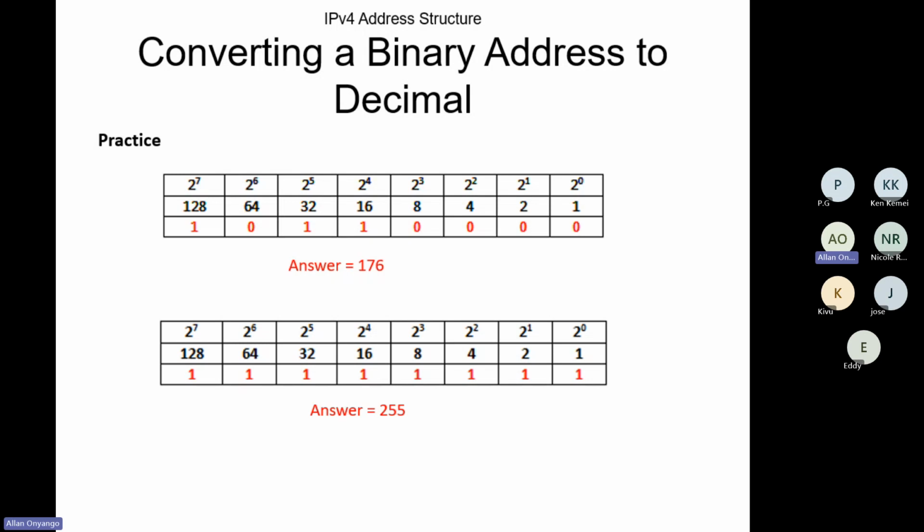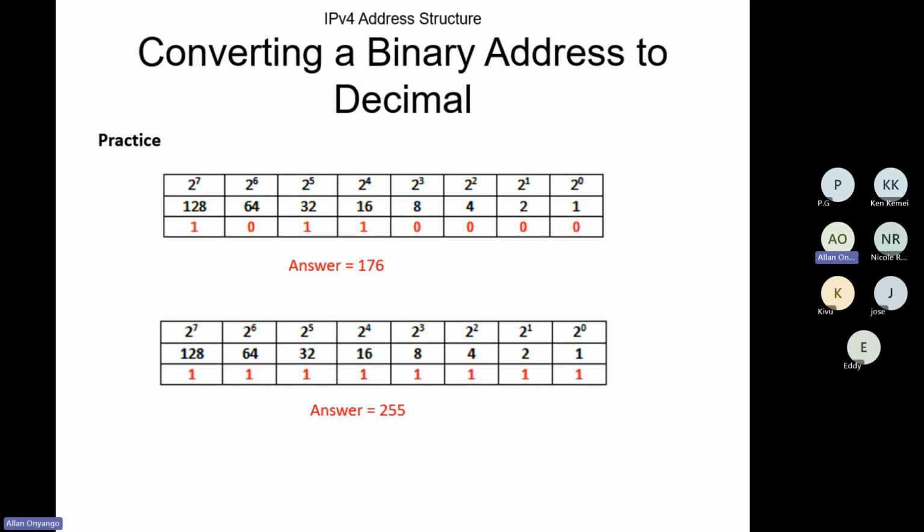Any number raised to power 0 should be 1. Even 1 million raised to power 0 should be 1. 2 raised to power 0 should be 1. 10 raised to power 0 should be 1. So any number raised to power 0 will always be 1. That is a mathematical rule.